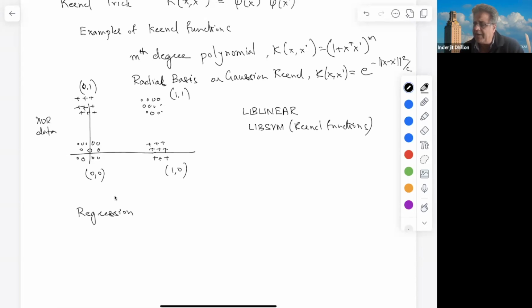In regression, it was very clear that we had a loss function, for example, quadratic loss, least squares, and then we had regularization. We have spent a lot of time talking about ridge regression, something that you did in your homework. Expect some questions in the midterm on that.